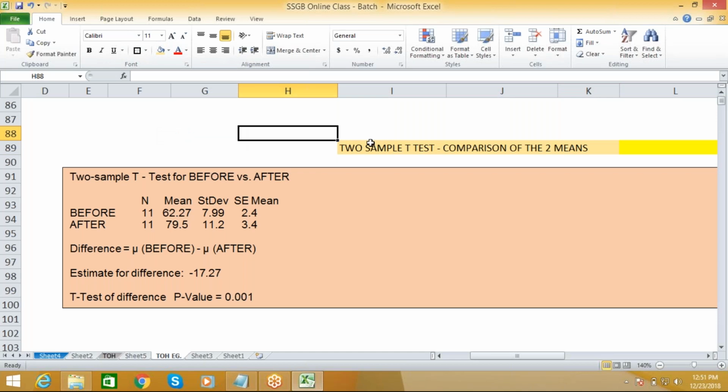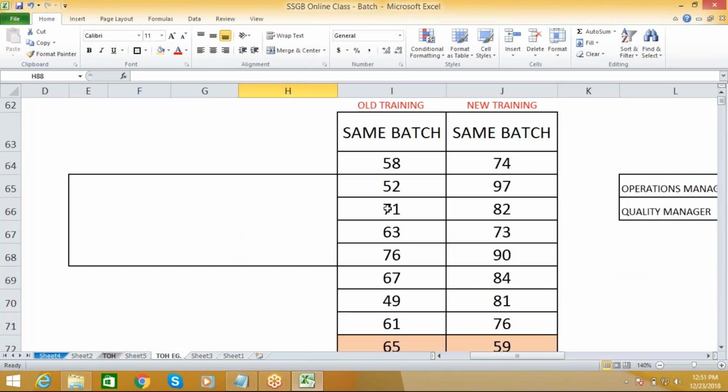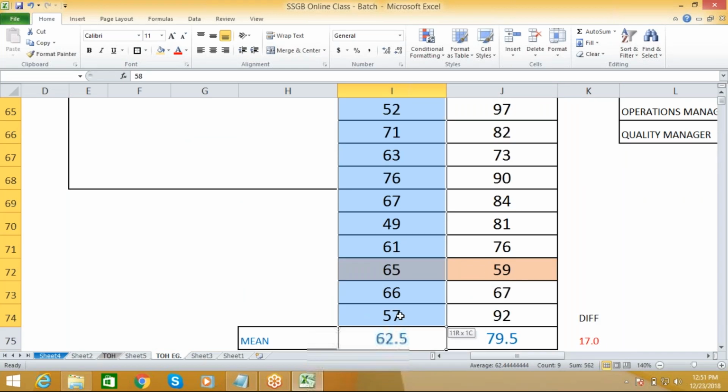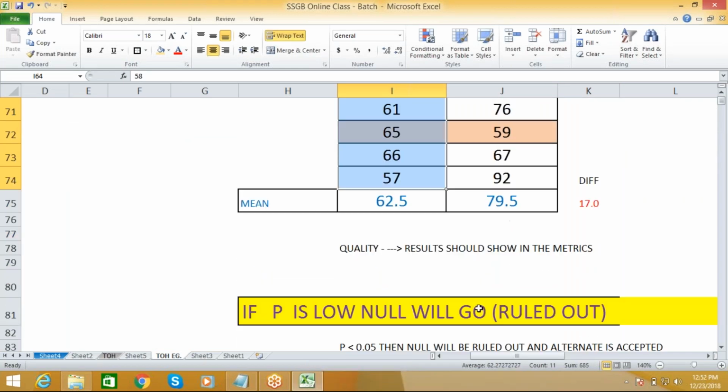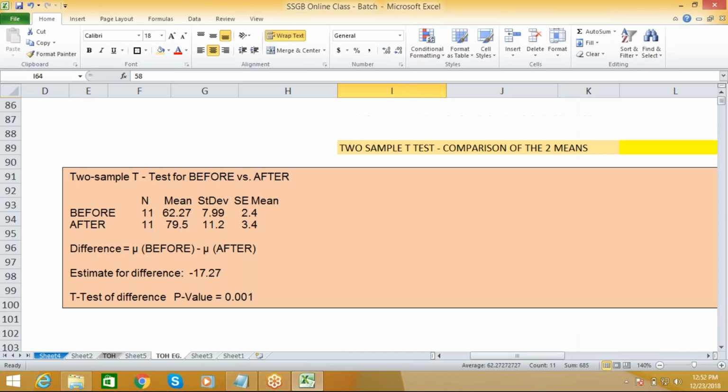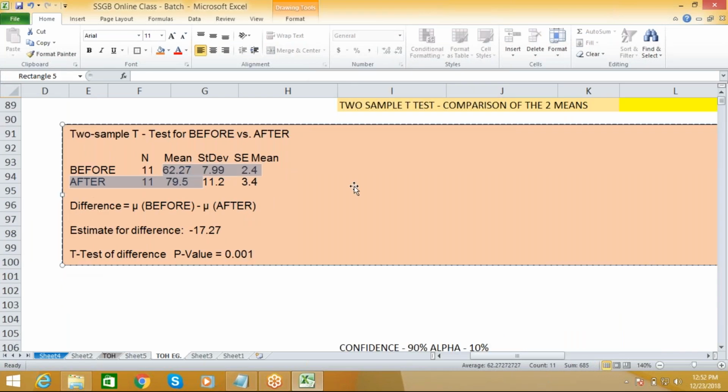Scrolling up, we have 11 values, right? So the sample size is 11. Next, the mean is calculated, correct? So what does Minitab give us? The sample size, which is 11, then the mean, and then even the standard deviation.